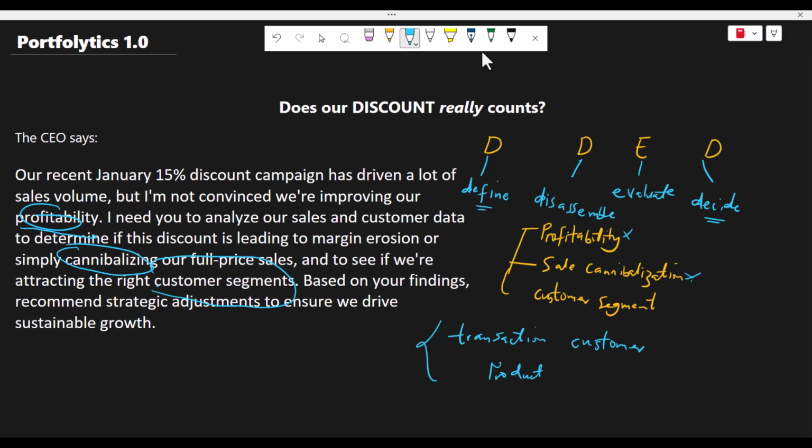Whether they should cut down the discounts on some of the products, or likewise, maybe if some of the customer segments are behaving low, they can also maybe improve the advertisements to those customer segments and the likes. So this is the overview of the DDED framework: define, disassemble, evaluate, and decide.